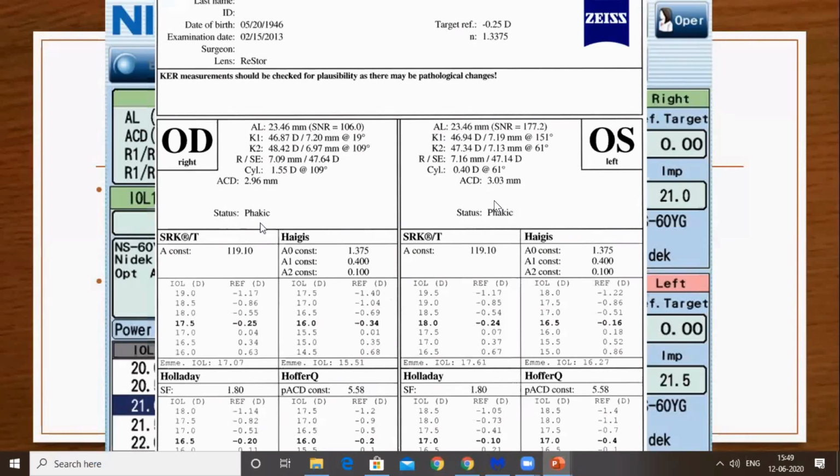But in special cases, like a patient who underwent retinal detachment surgery, whose eye was already filled with silicone oil, silicone oil has a different velocity inside our eye. So whenever you measure such a patient, either with ultrasound or with a non-contact method, it is necessary to change the status to silicone oil.